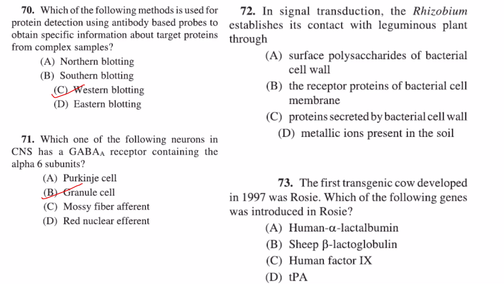Red nuclear efferent are also not having GABA receptor containing alpha 6 subunit. Then next one. In signal transduction, the rhizobium establishes its contact with the leguminous plant through. So for nitrogen fixation, rhizobium is going to establish contact with the leguminous plant, and it is through surface polysaccharides of bacterial cell wall.